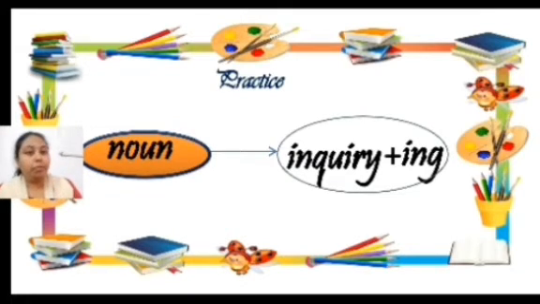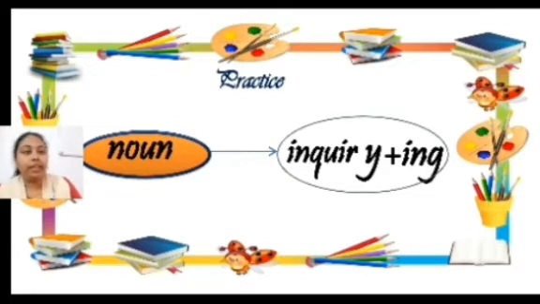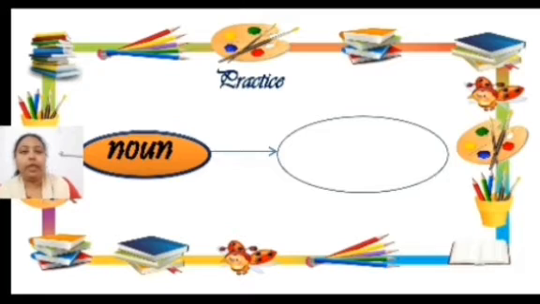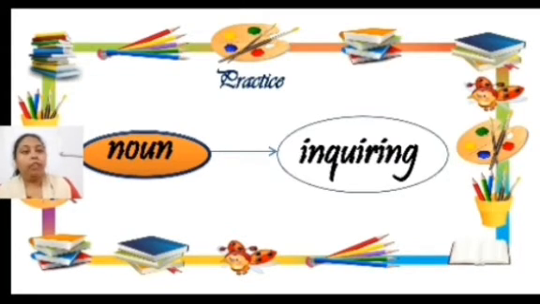But do you remember, whenever y comes at the end of a word that is a noun, we need to replace this with I. But over here, as we are adding ing to this word, we don't need to add one more I in place of Y. So the spelling remains as INQUIRING.